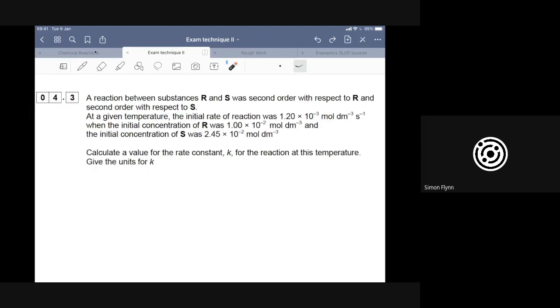When you read a statement like it was second order with respect to R, then when you see that, you should write what it's going to look like in an equation. I think you should write that R squared. And then when you see it's second order with respect to S, I think you should write that. Okay. And then you've now got a chance.